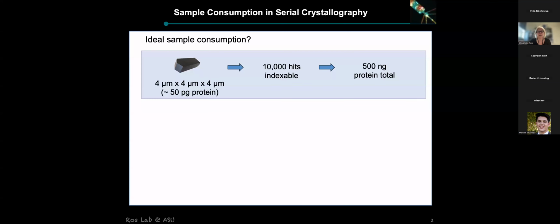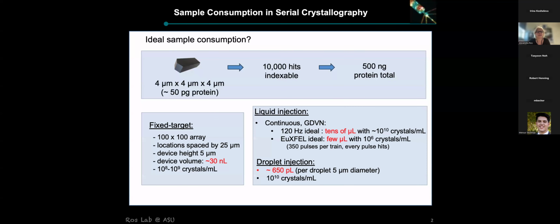Now, in terms of sample delivery, we have several approaches to bring sample into the path of an X-ray beam. And here I wanted to point out how much sample, in terms of volume, we would need in order to achieve these 10,000 hits. So with a fixed target device, we could imagine that we spread out these crystals in a 100 by 100 array and that they're located about 25 micrometers apart.